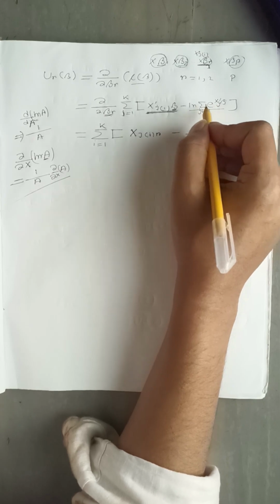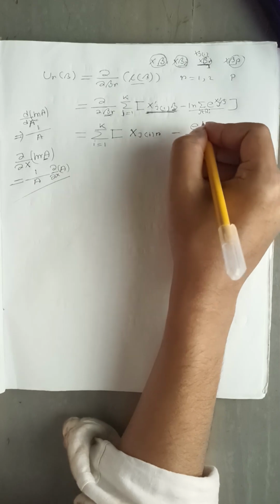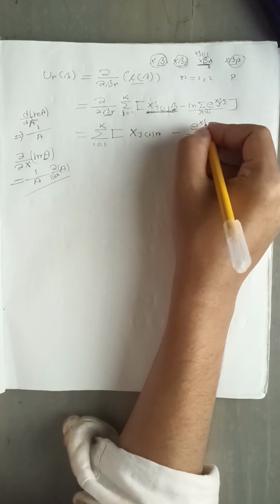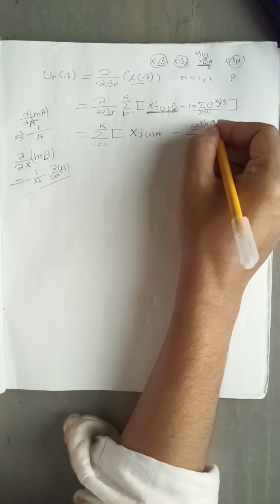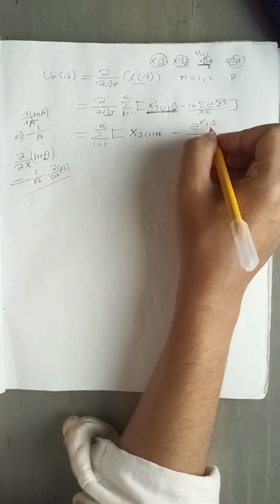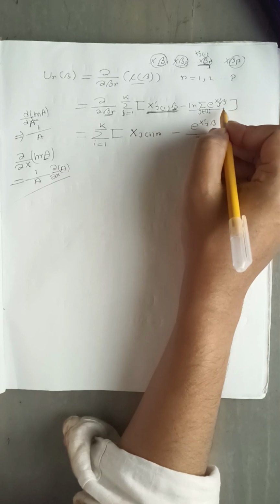When you derive e to the power something, you will have e to the power something first, x'_j beta, but this is not x or something, so you have to derive this again.